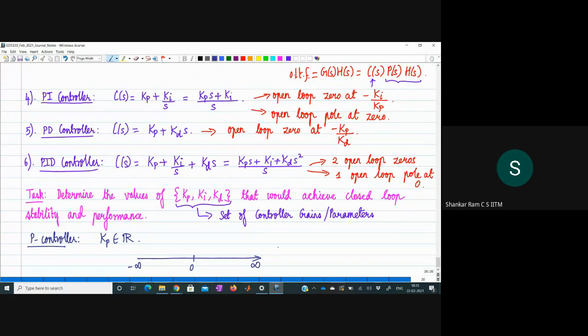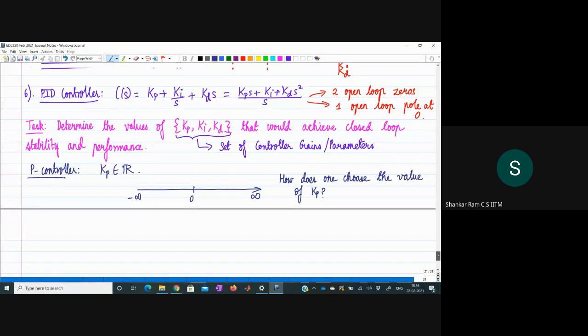So how do we choose Kp? How does one choose the value of Kp in an infinite set of parameters? That's a challenge.